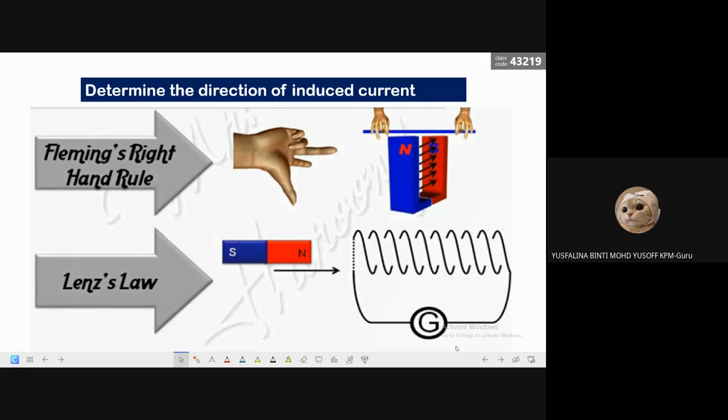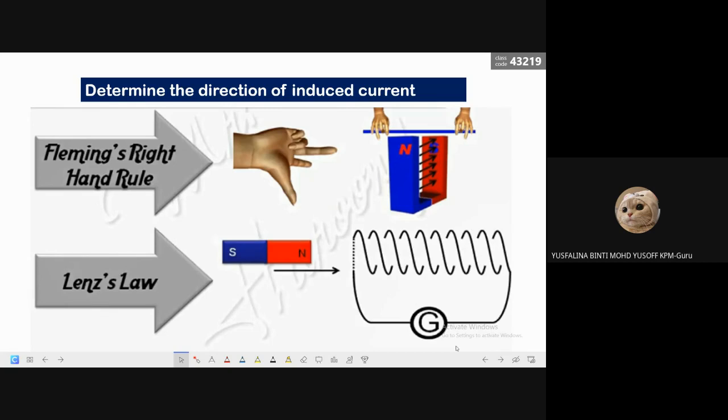You have to remember that the right hand rule is for induced current. Whenever you see there is no battery, only a galvanometer, and a conductor cutting the magnetic fields, and they mention the induced current, or the diagram doesn't show the cell, then you have to use Fleming's right hand rule.